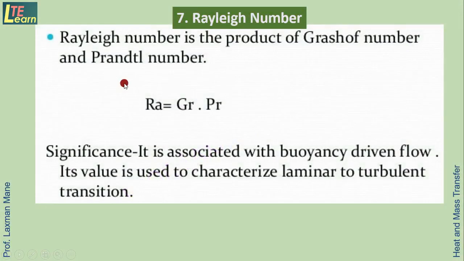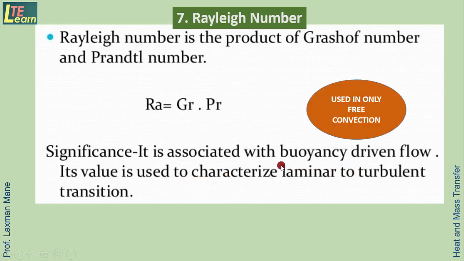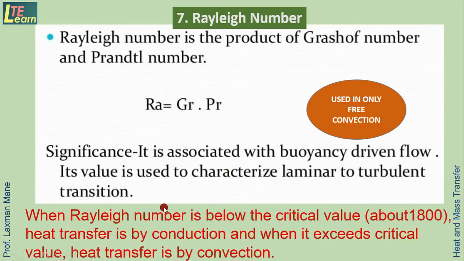Rayleigh number is the product of Grashof number and Prandtl number. It is associated with buoyancy driven flow. Its value is used to characterize laminar to turbulent transition. Used only in free convection.